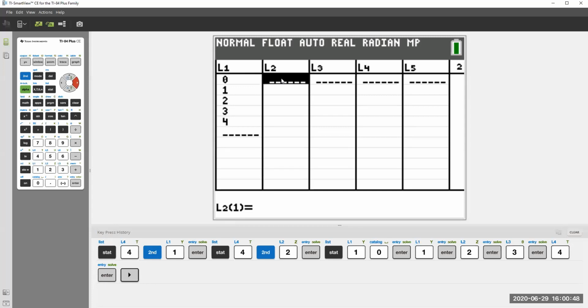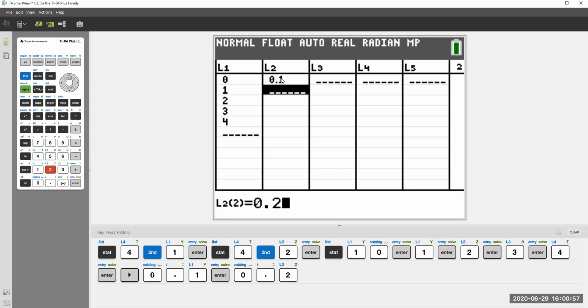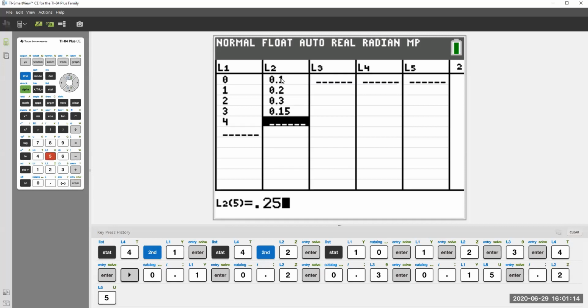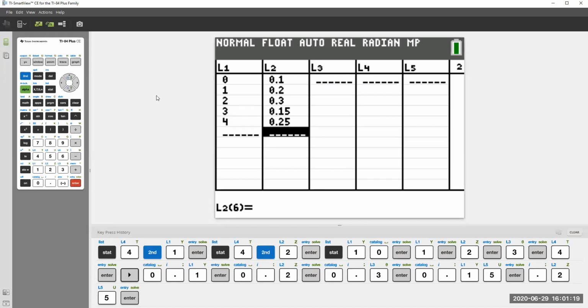So 0.1, first probability value, 0.2, 0.3, 0.15, and the probability of 4 is 0.25. Okay, so this is our probability table.